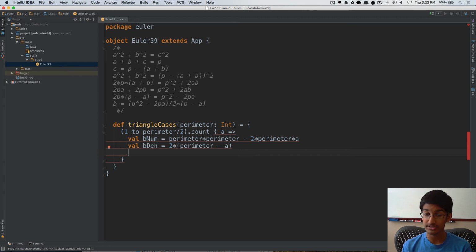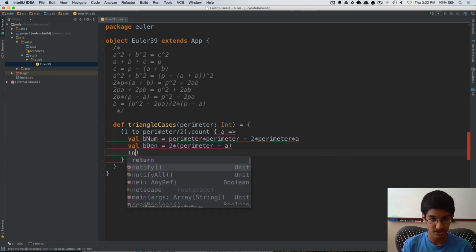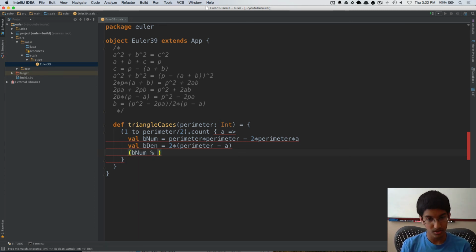The first thing we want to check is that our numerator is divisible by our denominator. I'm getting confused a little bit with the fractions, because this numerator divided by denominator should give us an integer. So first we want to check that bNum mod bDen is equal to 0. This is checking that when we take the numerator and divide it by the denominator, there's no remainder, and that tells us that this is producing an integer, not a fraction.